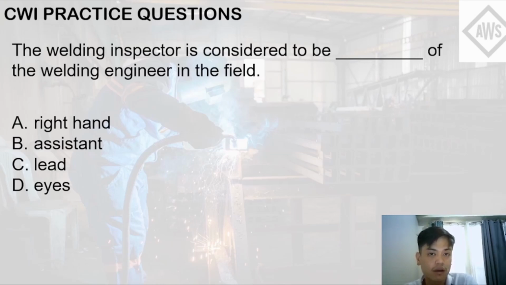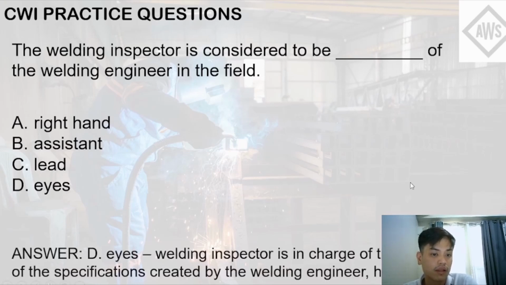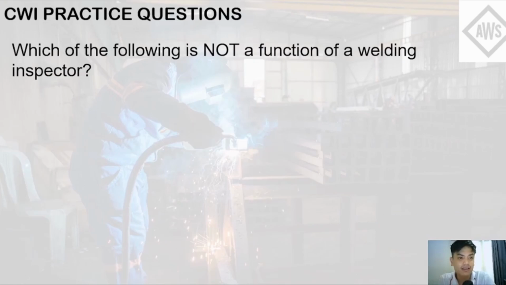So from that idea, you can basically deduce the right answer here. So letter D, eyes. The welding inspector is in charge of the quality control of the specifications created by the welding engineer, hence the eyes.